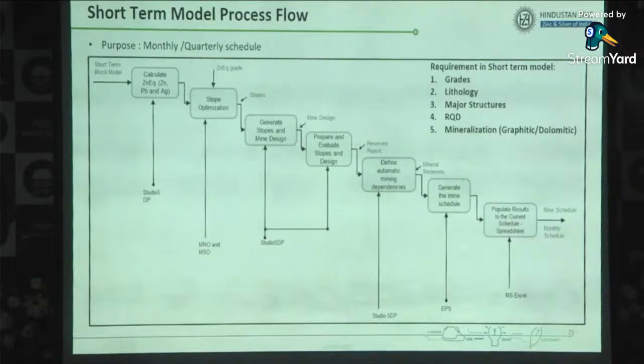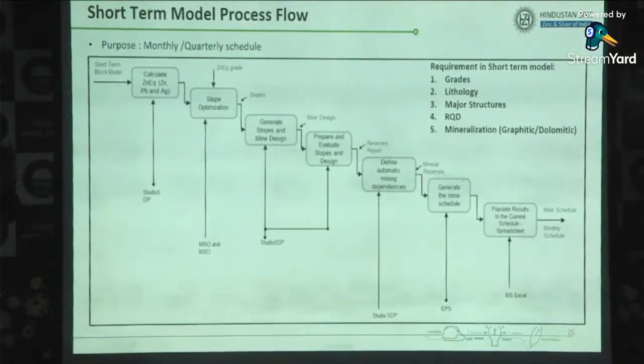From exploration to final production, it is 3 months for underground exploration. After starting a stope, the start and finish of a stope is 45 to 60 days.